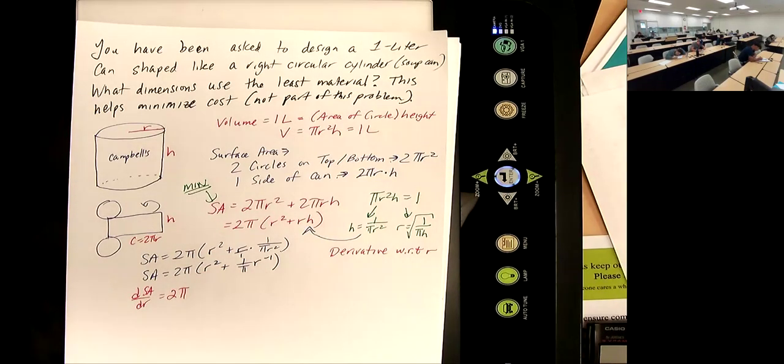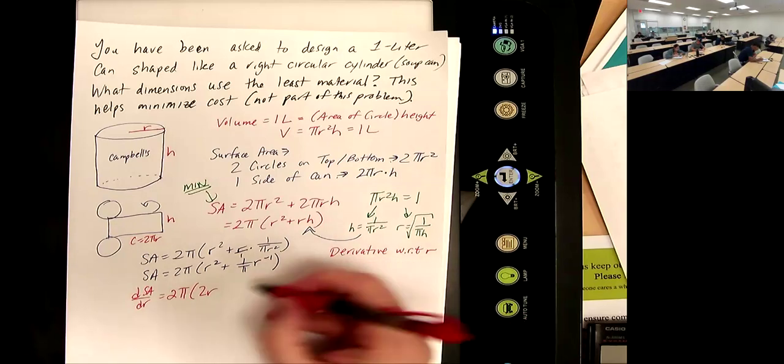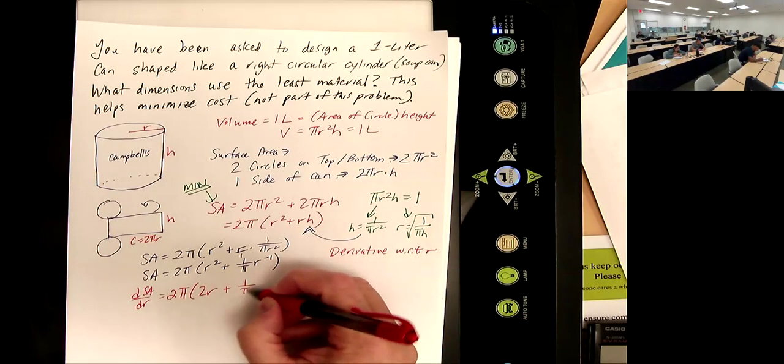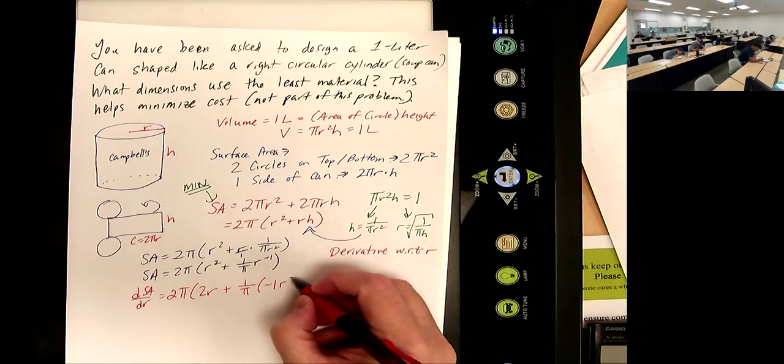You do not need to do a product rule with coefficients. This is 2R. And then I've got 1 over pi. I bring the power down and I lower the power by 1.